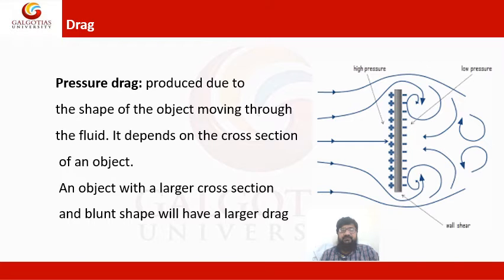This pressure difference between the front and rear end is the cause of the pressure drag. An object with a larger cross section and blunt shape will have a larger drag. An object with a streamlined and curved surface tends to have less drag.